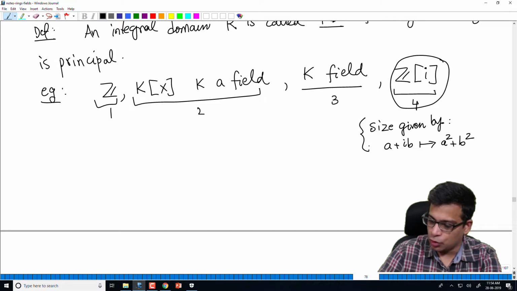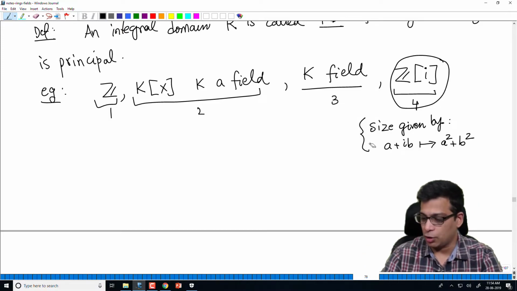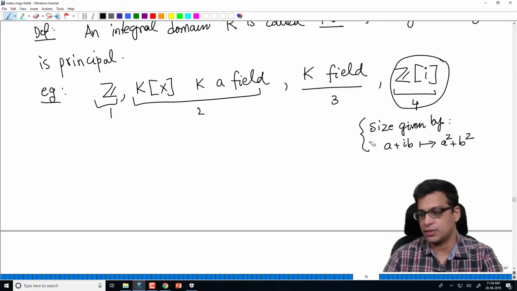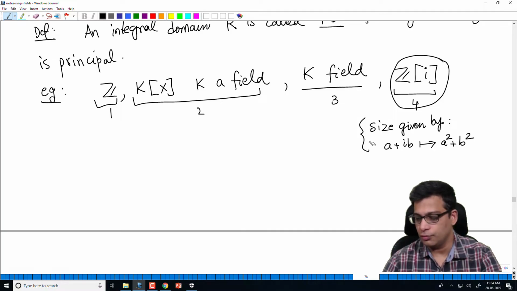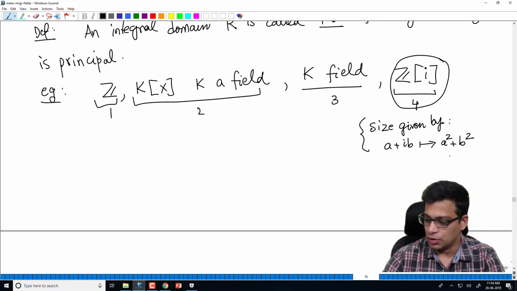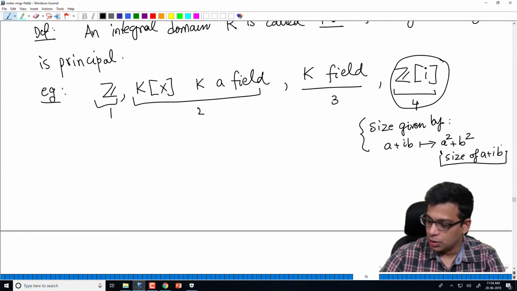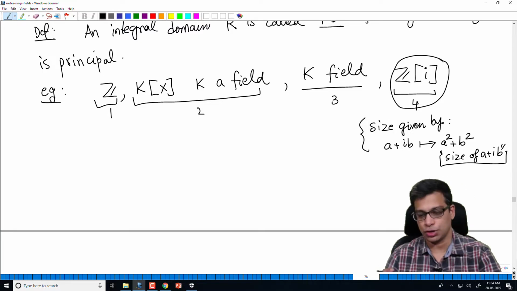As I said, I won't go into details, but we can always do the following. Given an ideal, we can pick an element with the least possible norm or size, which is the sum of squares of the real and imaginary parts. So this is the size of a plus ib, and we carry out the same procedure that we used.